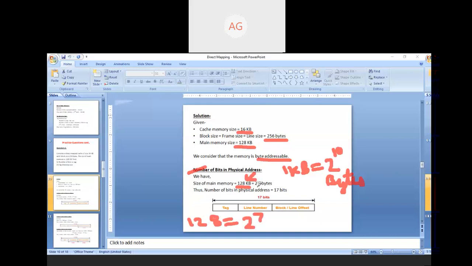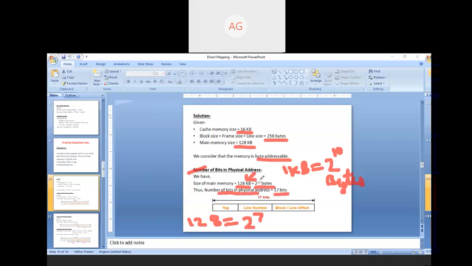So 2 to the power 10 times 2 to the power 7 is 2 to the power 17 bytes. That means the number of bits in the physical address is 17 bits.